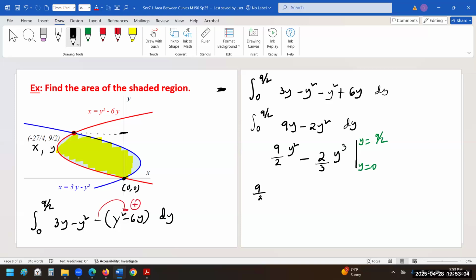So 9/2 squared minus 2/3 9/2 cubed. That's the upper limit. We substituted with 9/2. And now we are subtracting the lower limit.